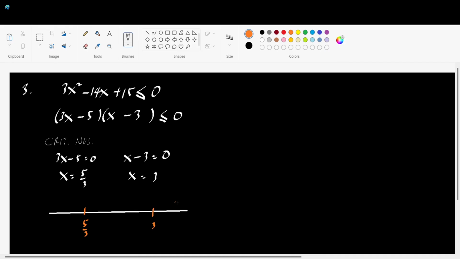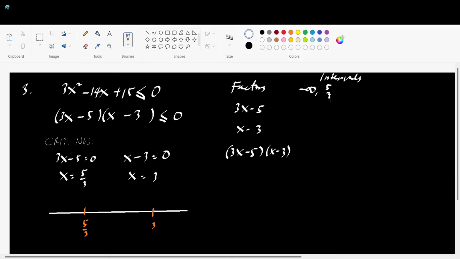Then the other one is 3. So what are the intervals? We write here the factors and then the intervals. The factors are 3x minus 5, x minus 3, and the product is 3x minus 5 times x minus 3. The intervals are negative infinity to 5/3, 5/3 to 3, and 3 to positive infinity. Okay?